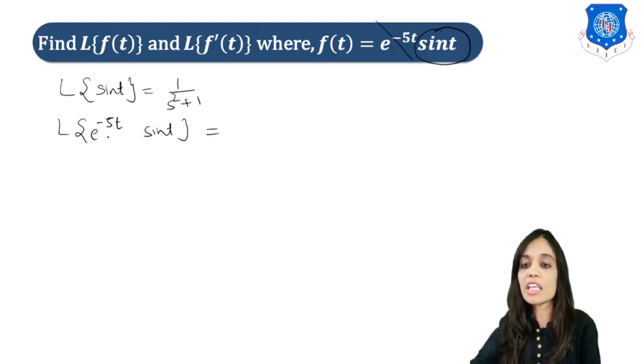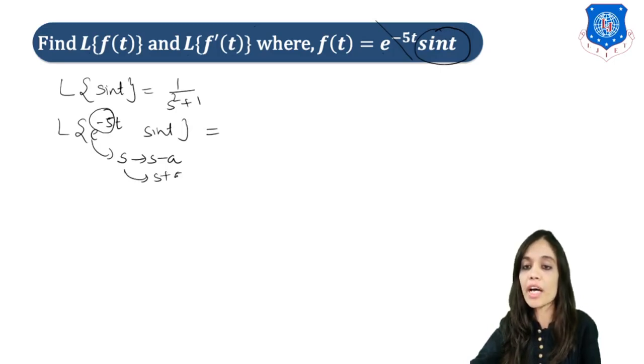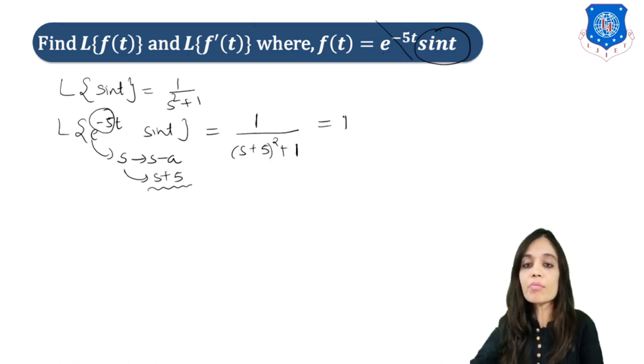Now here if you see e, we have to apply always first shifting theorem. That is, you have to replace s by s minus a. Here the value of a is minus 5. So you have to replace s by s plus 5. Fine. So on replacing, you will get the answer as 1 upon s plus 5 whole square plus 1. Right? Now name this as our F of s.